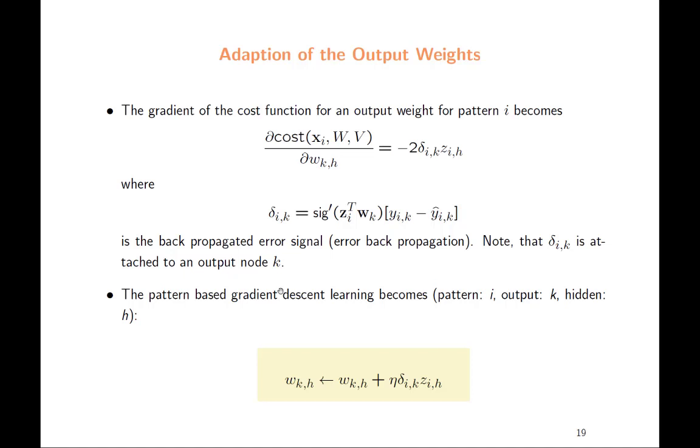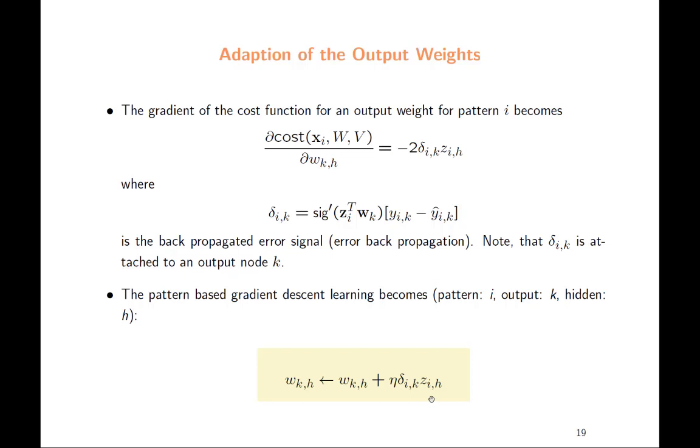And if we do stochastic gradient descent learning, we go through all data points, all patterns, all outputs, all hidden units, and adapt the weight from hidden unit h to output unit k. It's the old weight plus learning rate times this delta term, delta ik, times z_ih.